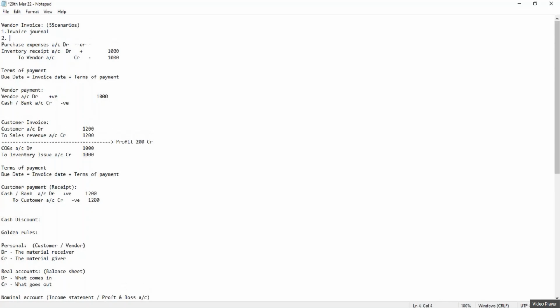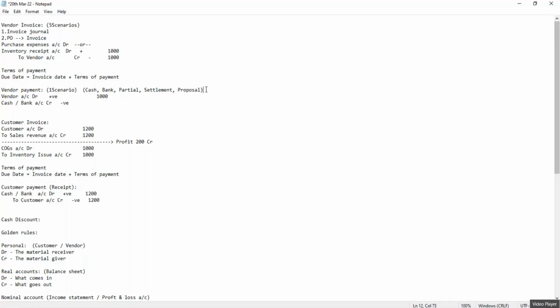Second one is purchase order to invoice. Then vendor payment: actually one scenario only, but inside it one is cash payment, another is bank payment, another is partial payment, another is settle against invoice, and another is proposal.